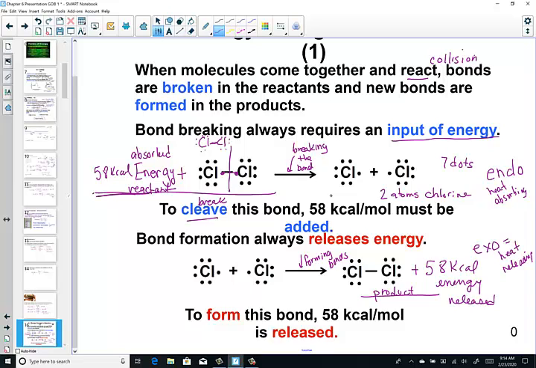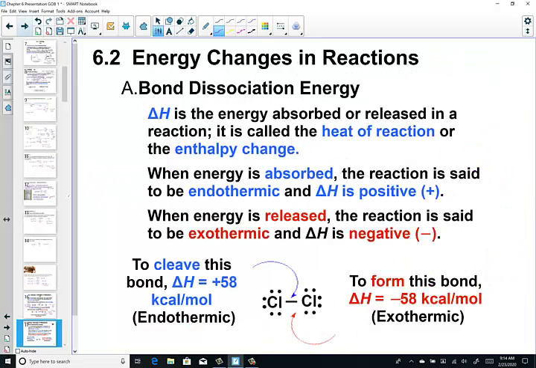So we've said some important words, endothermic and exothermic reactions. What we're really looking at is something known as bond dissociation energy. To dissociate means to separate or break. How much energy is needed to break bonds or to separate the atoms into their own individual components?